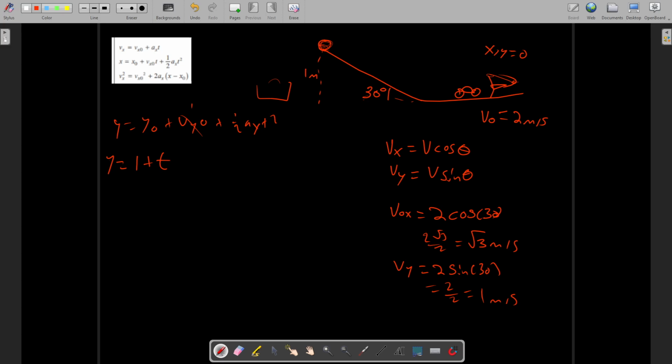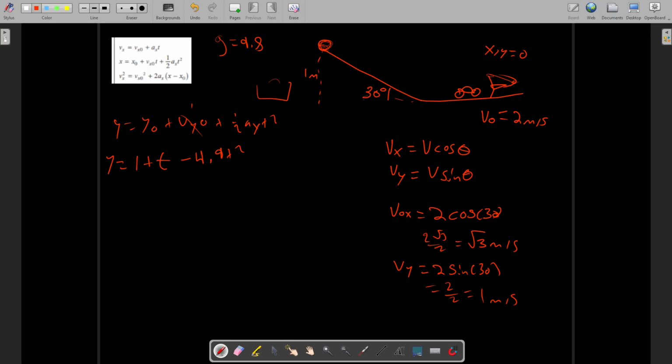So this is going to be negative g, and the reason it's not positive g is because it's going down, and down is typically negative. So negative g over 2 t squared. Now, if you know g, let's say it's 9.8. So for our example, let's say g over 2 is 4.9.